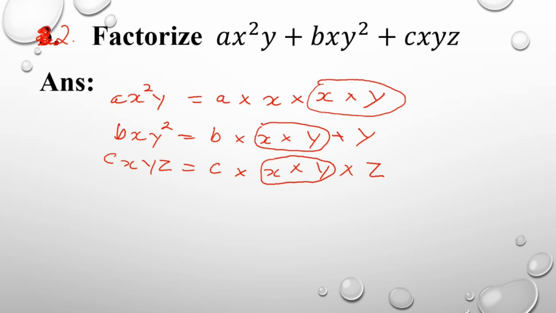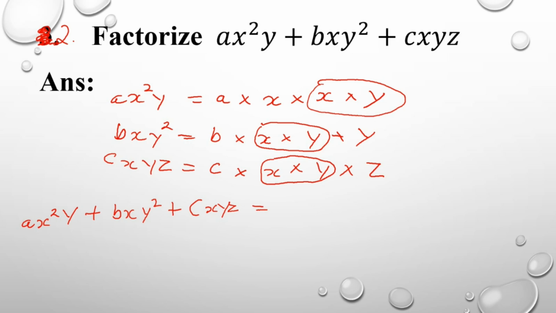So we remove the common factor from these terms. So it will be ax square y plus bxy square plus cxyz.